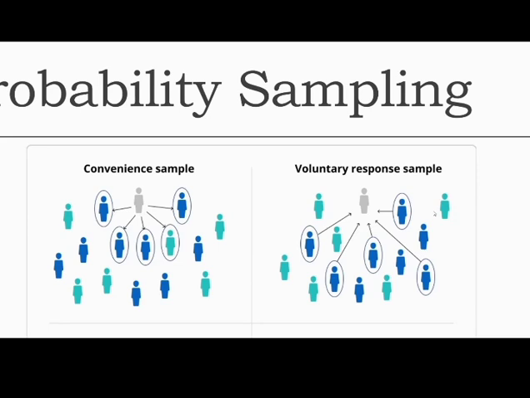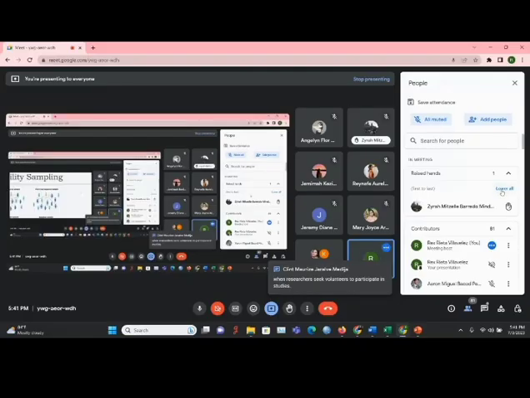Next, voluntary response sampling. What does it mean? Okay, there's a virtual hand. Let's see. Zaira, go. What can you say?